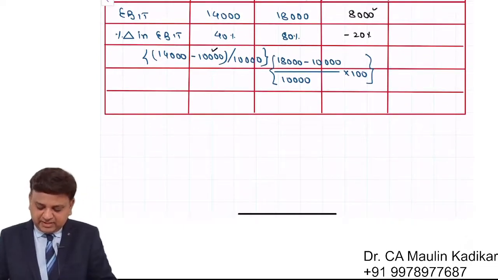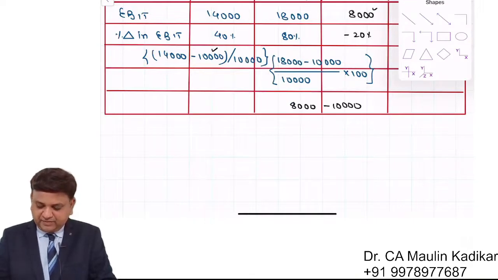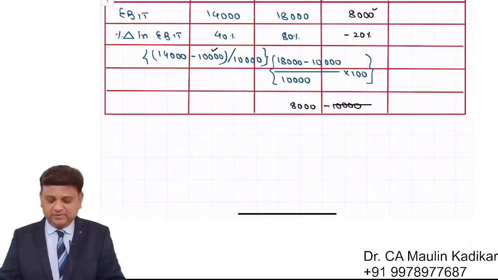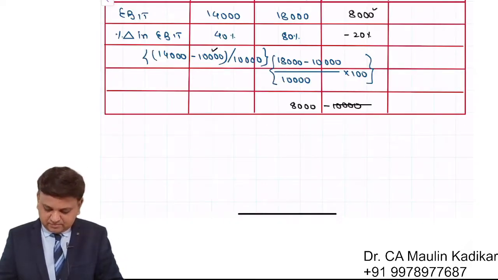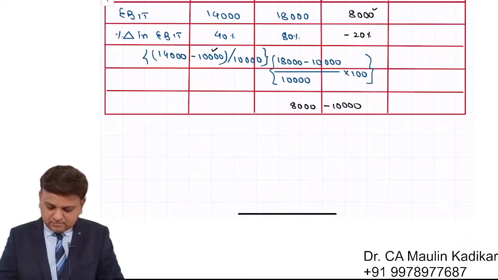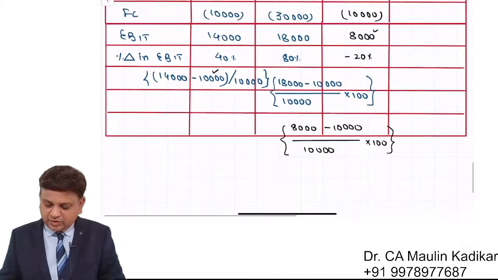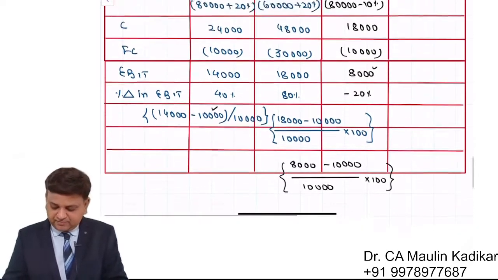That can be calculated like this: 8,000 minus 10,000 divided by 10,000 into 100. So it reduces by 20 percent.